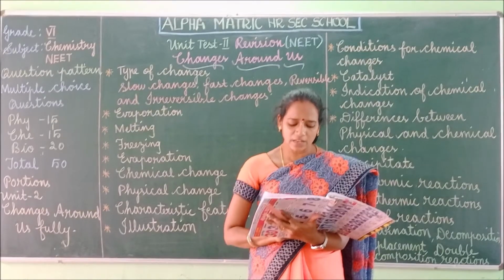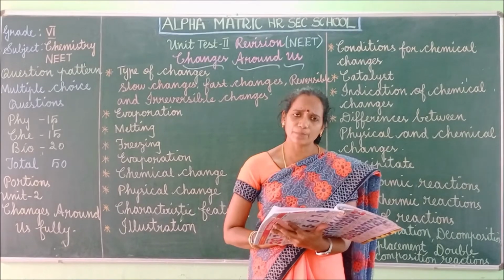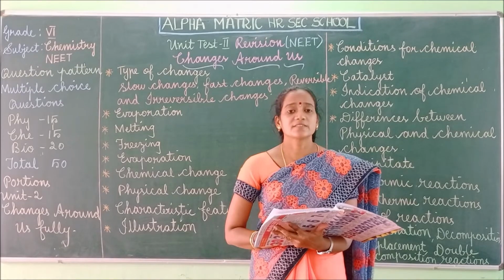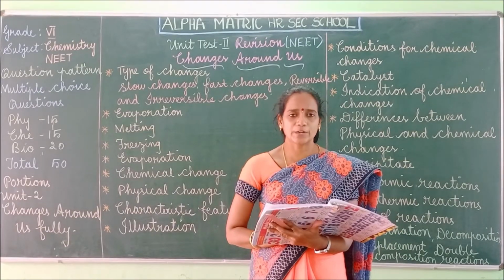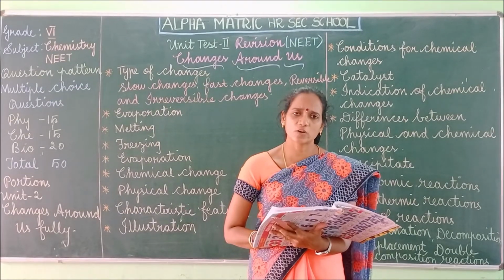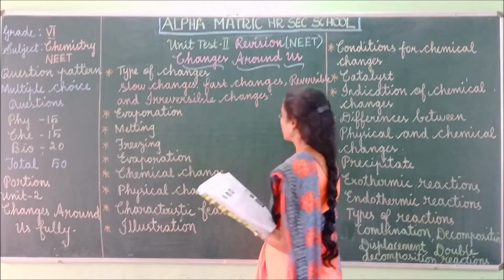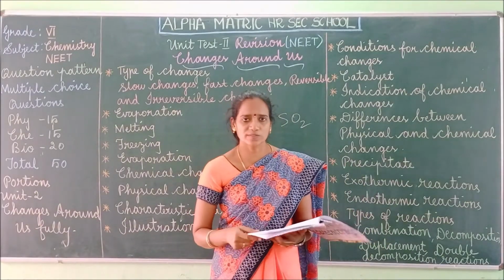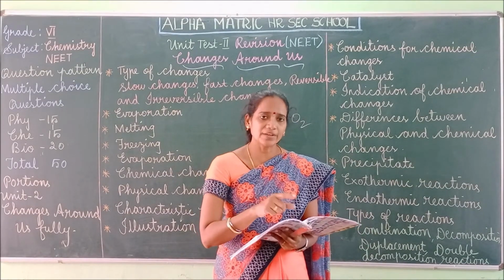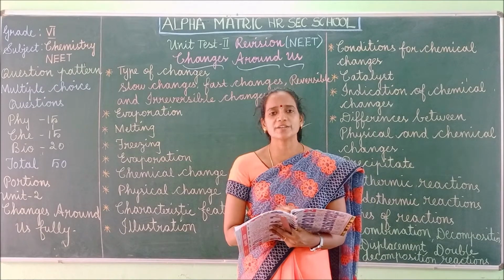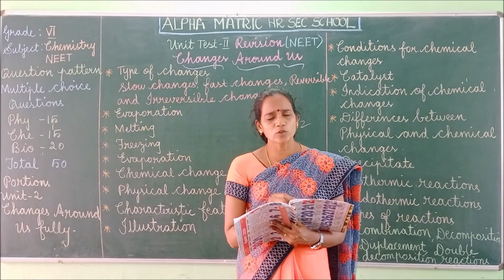So, burning of sulfur, when sulfur is combined with oxygen, which gas is produced? Yes, sulfur dioxide gas is produced. What is the formula for sulfur dioxide? SO2. Okay, SO2 is nothing but sulfur dioxide, right? So sulfur, when it burns with oxygen, when it reacts with oxygen, what are the products you will be getting?